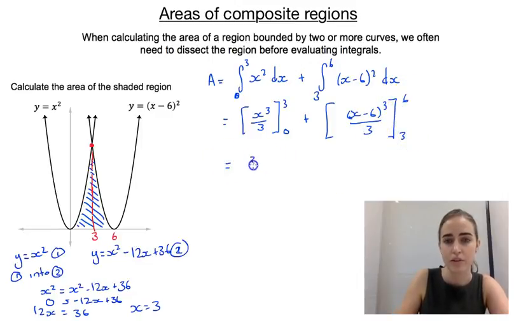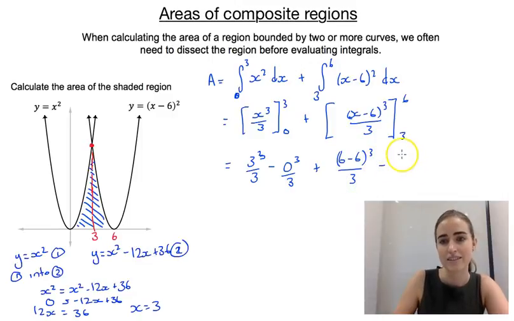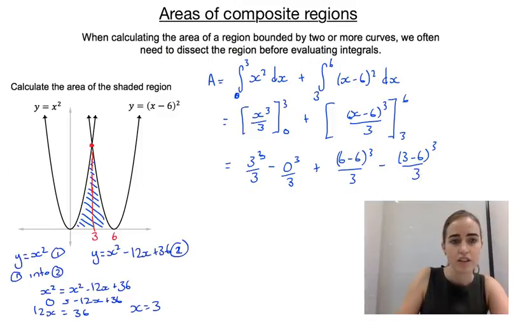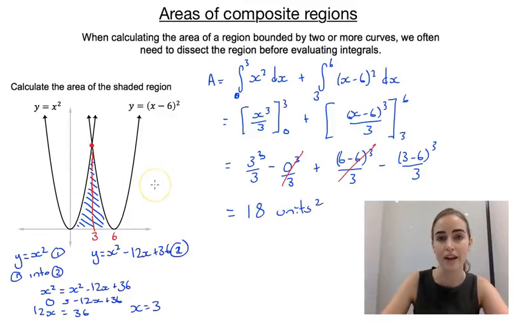And we can substitute in, so we'd have 3 cubed over 3 minus 0 cubed over 3, that's a cubed, not a squared, plus (6 minus 6) cubed over 3 minus (3 minus 6) cubed over 3. So this whole bit is just 0. And what we end up with when we evaluate that is 18 units squared for that total blue area.